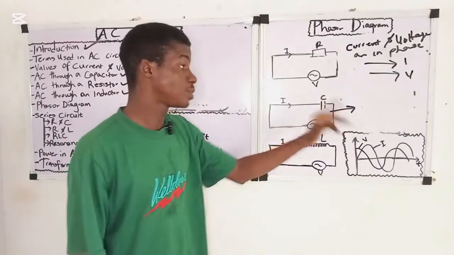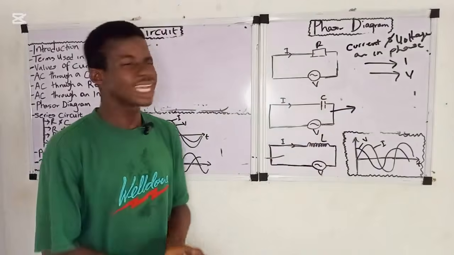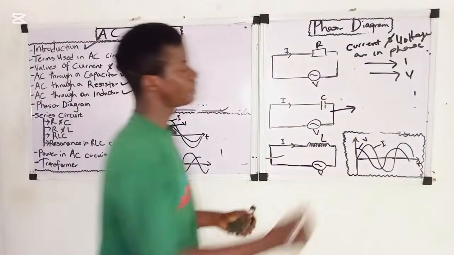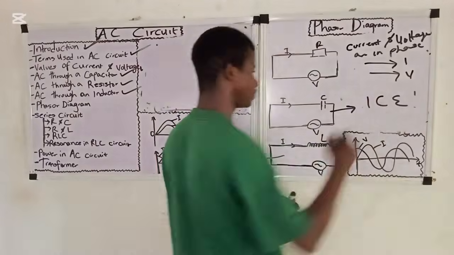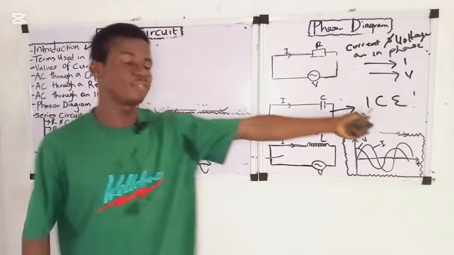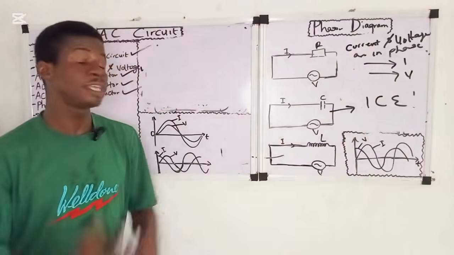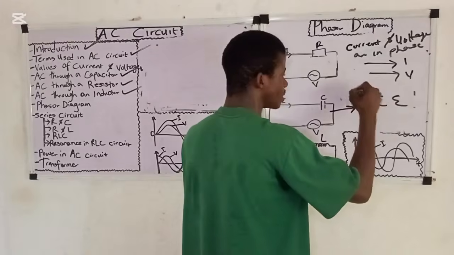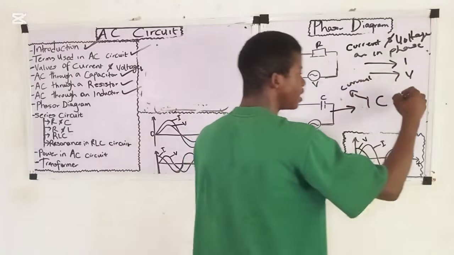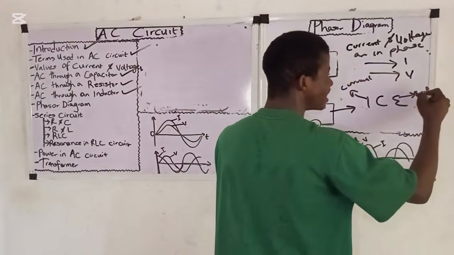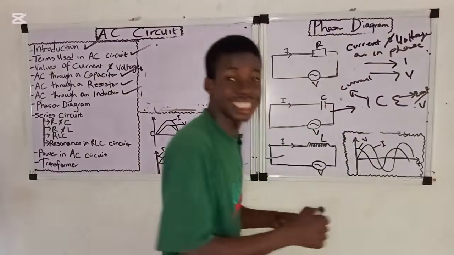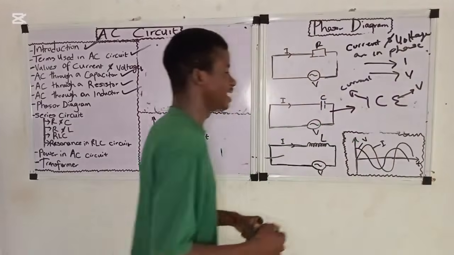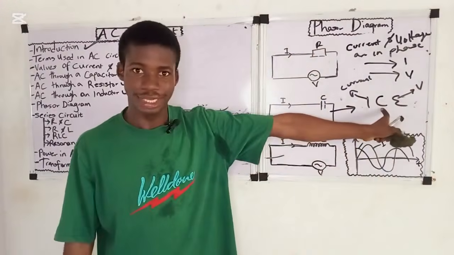A purely capacitive circuit contains only a capacitor, right? Now take note, in a purely capacitive circuit, use this acronym ICE. Use it so you don't forget. I is for current. E is for EMF, which is still something as voltage. And C is for capacitance.